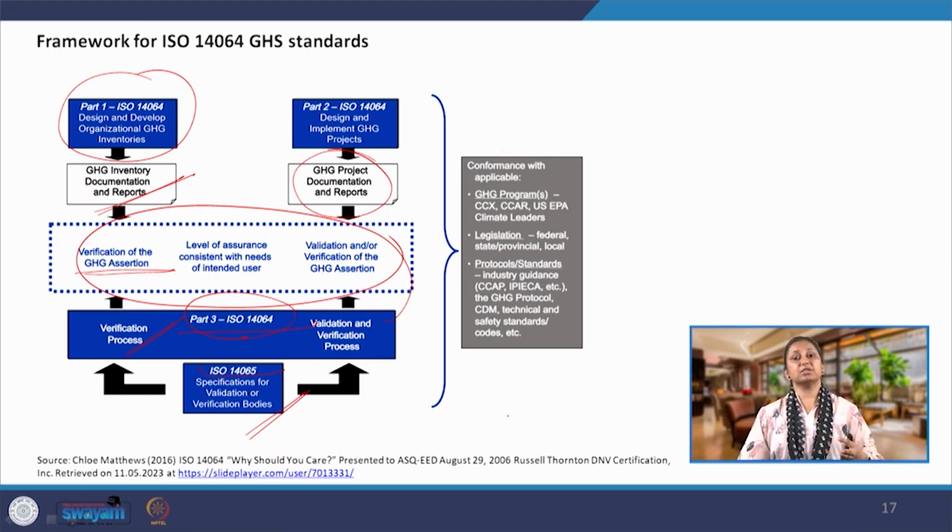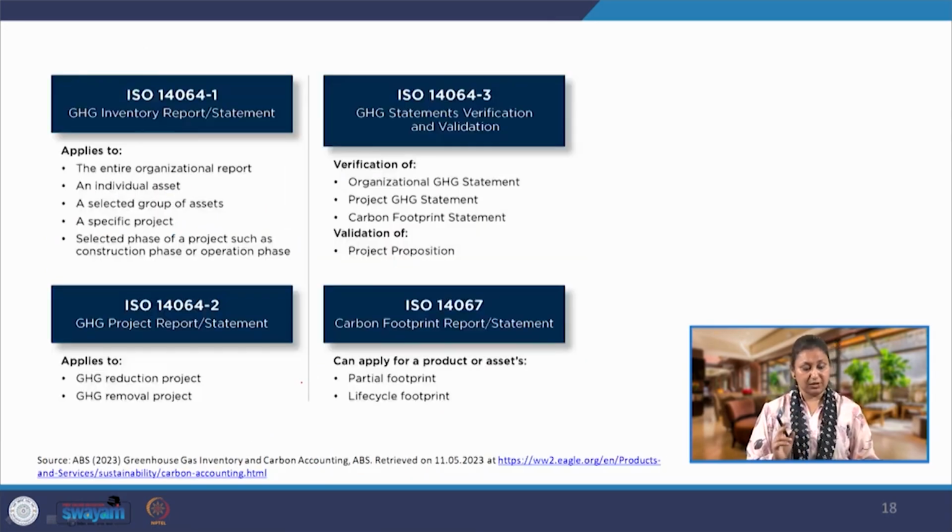So, these are the specifications. 14065 is the specification for this verification and validation body. Not everybody can validate. Who will validate? How will they validate? How will they verify? These specifications are given in 14065. Together, this is the broad framework of how the 14064 standard will work.